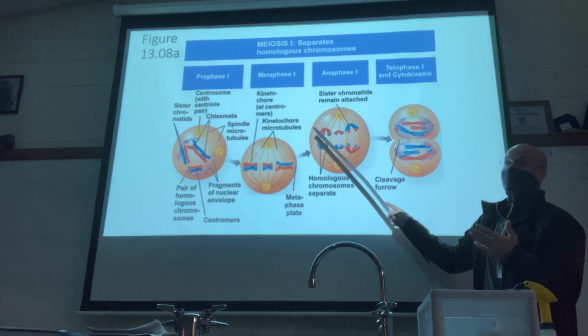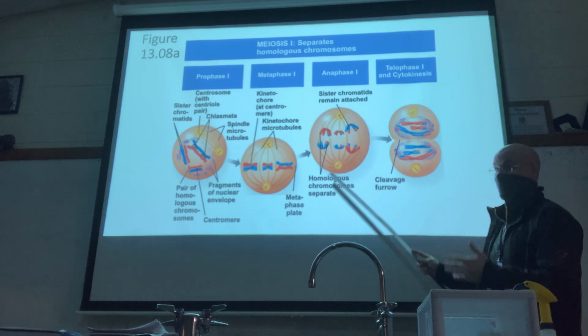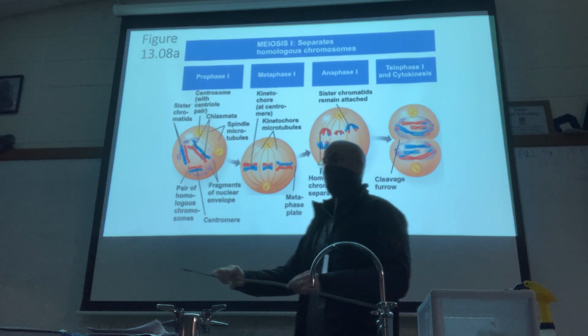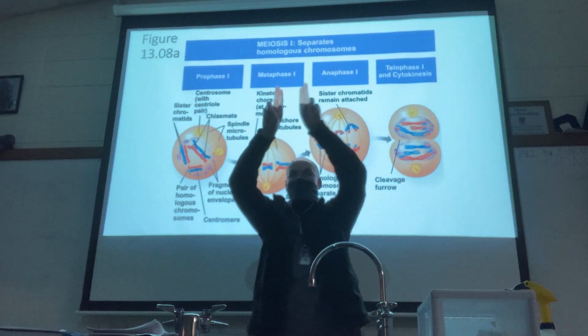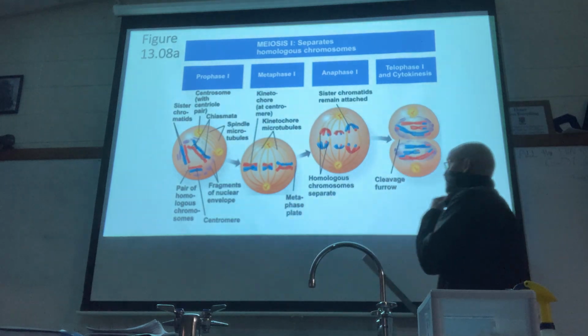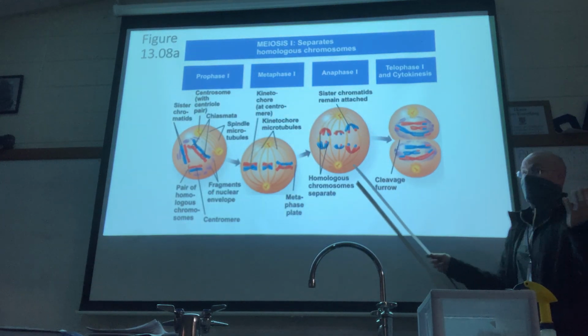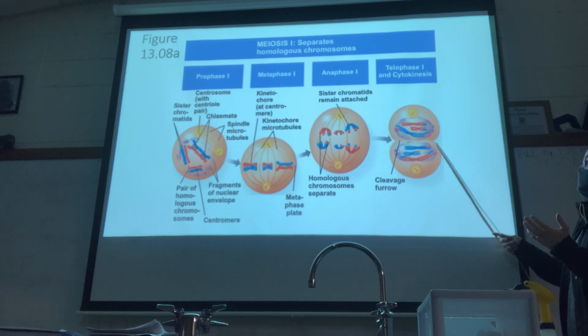So basically, one set of chromosomes gets pulled to one side, and one set gets pulled to the other side. That's what we mean when we say homologous pairs are pulled apart. That'll probably make more sense as we get to the end of meiosis. All right, that was pretty quick. So we're at telophase 1. And of course, what do we call this groove?